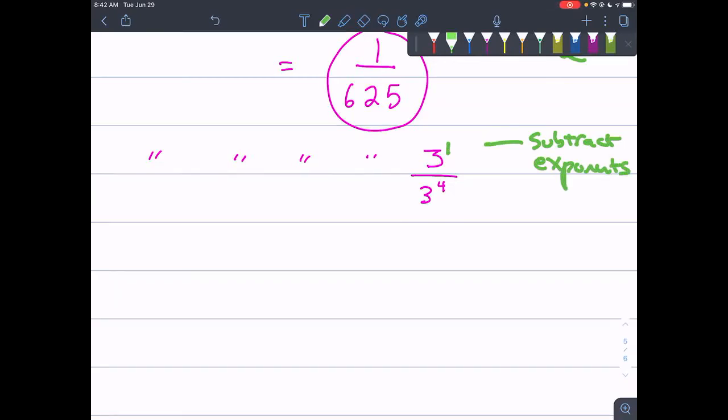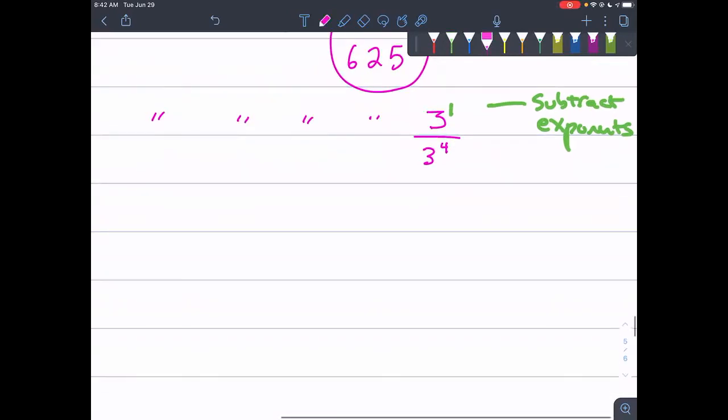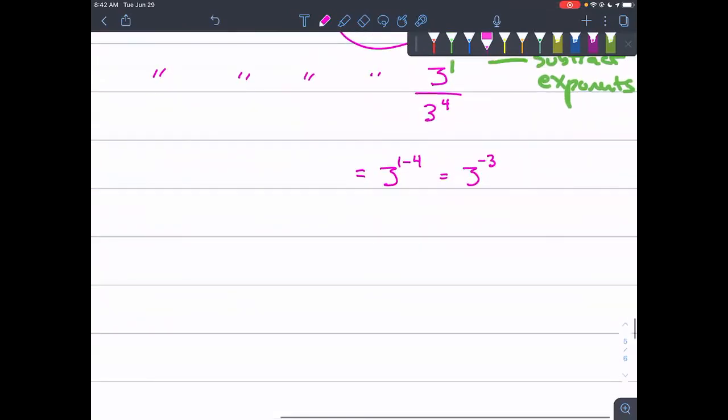So 1 minus 4. So 3 to the negative 3, got a negative exponent. We're going to make that positive by moving it through the fraction line. It's negative, goes through the sort of car wash, positive on the other end. 3 to the positive 3 on bottom, throw a 1 on top.